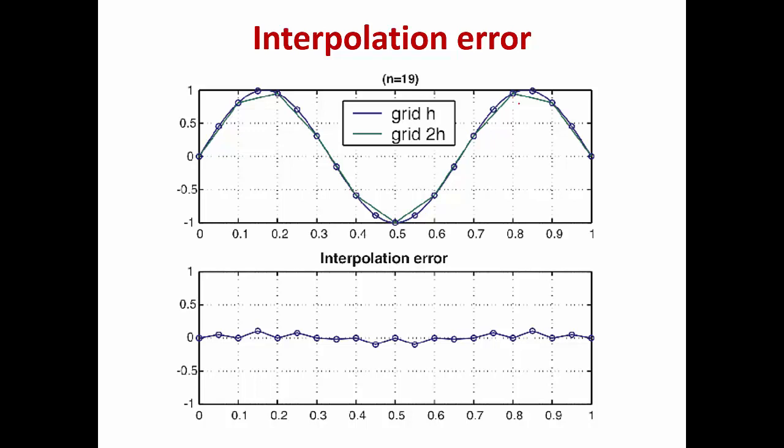And the difference between our piecewise linear interpolation and, let's say, an extremely good interpolation is an error that looks like this. Is this a high frequency error or low frequency error? It's a high frequency error, and that is exactly why we want these post-smoothing steps. The post-smoothing is very good at reducing this kind of interpolation error.